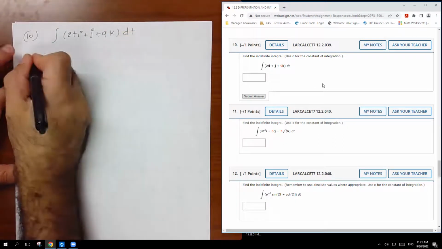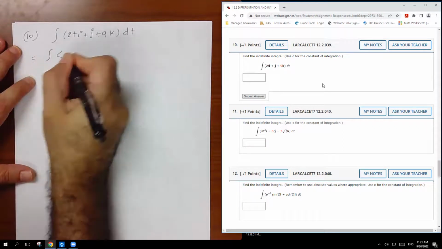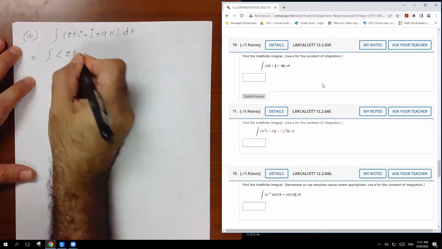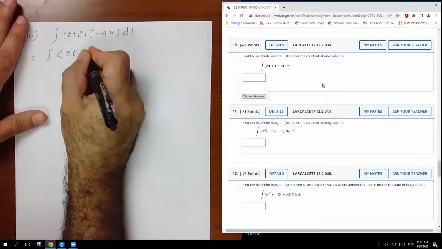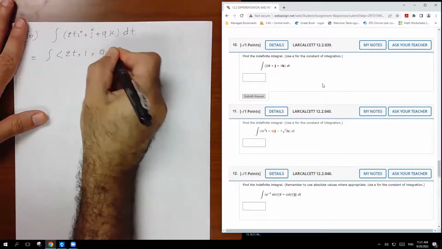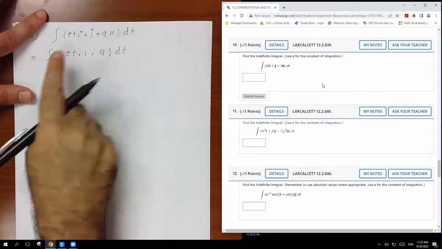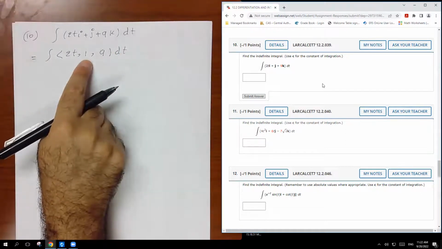If you convert it to component form, it's going to be the integral of 2t, the integral of 1 because of the j, and the integral of 9 dt. So it's going to be the integral for each part.